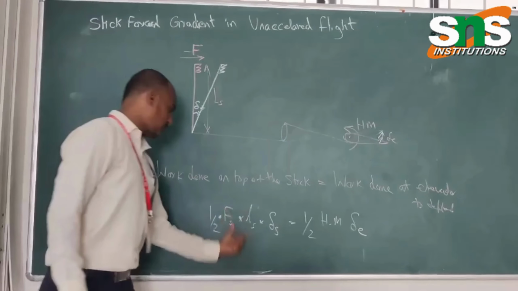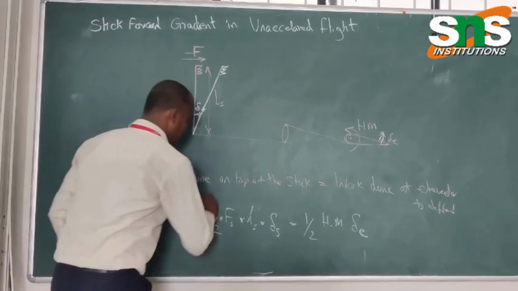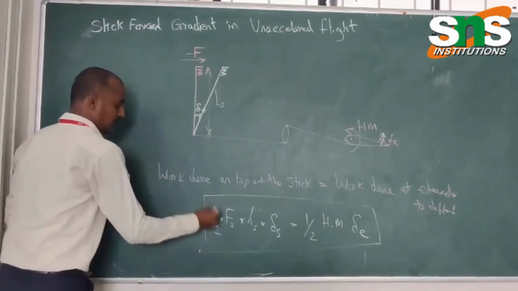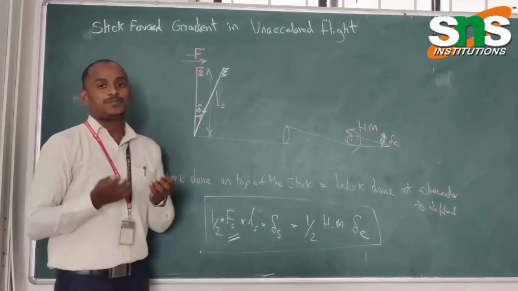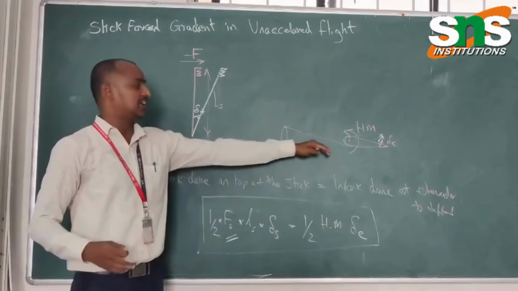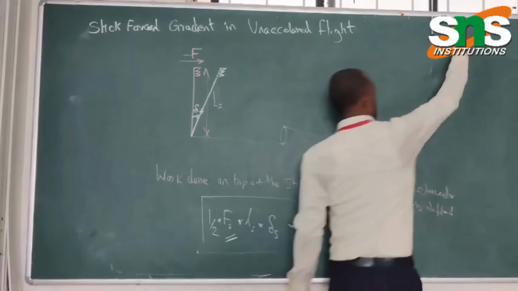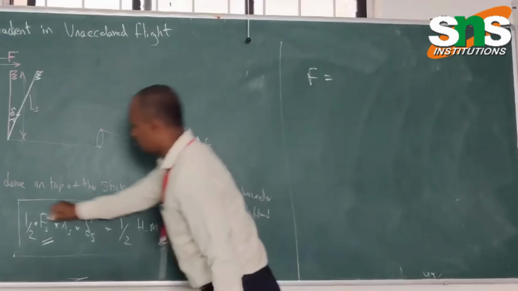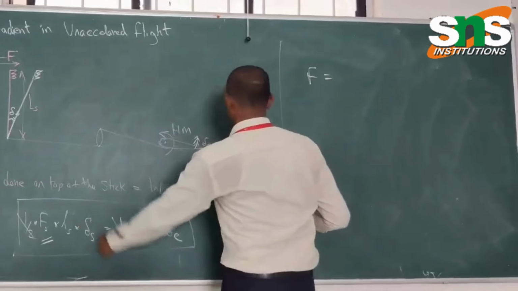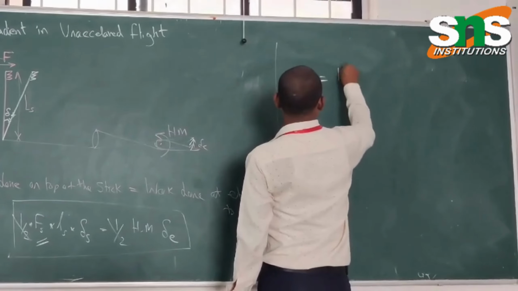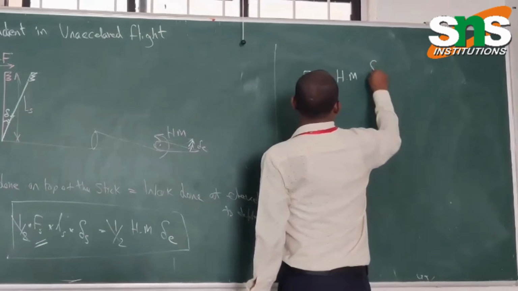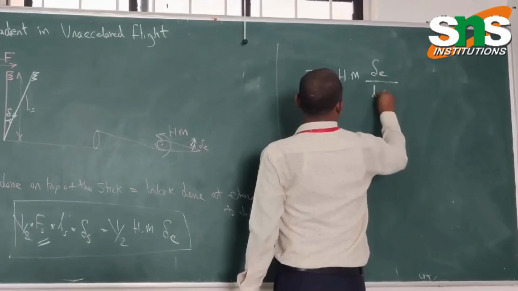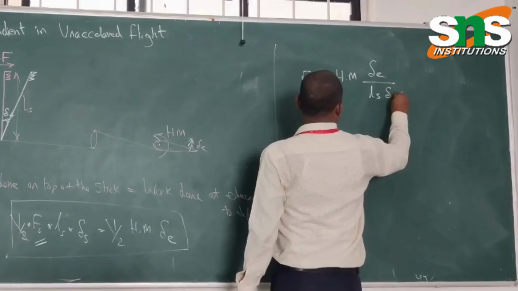We need how much force is required to deflect the elevator. For that, the stick force F, the half we can cancel, will be hinge moment times deflection of elevator over length of the stick times deflection of the stick.